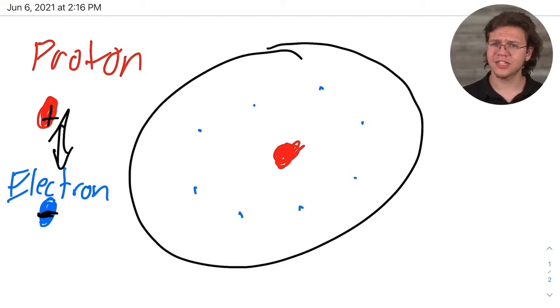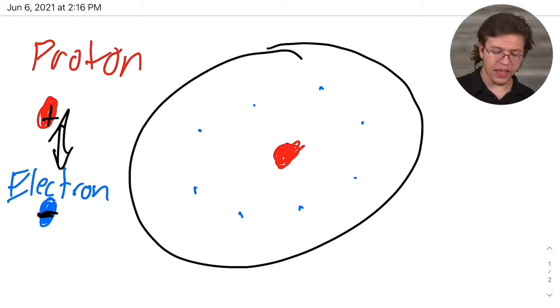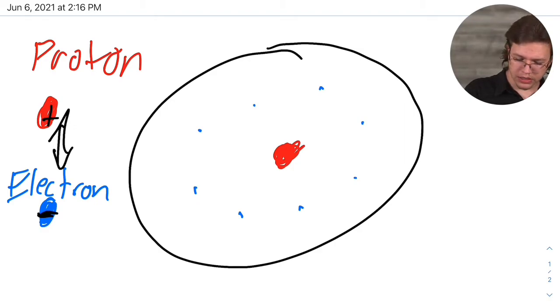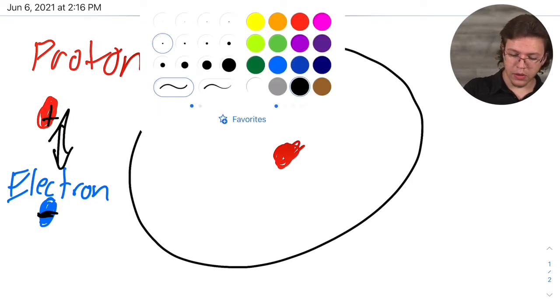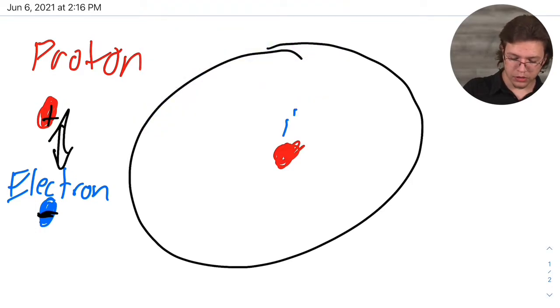But electrons don't like each other. They want to stay as far away from each other as possible. And that leads to this sort of formation in the atom. See, what happens is these protons are in the nucleus, right? And they just stay there. They don't really move much. But the electrons are out here, and they want to get close to the proton in the center.